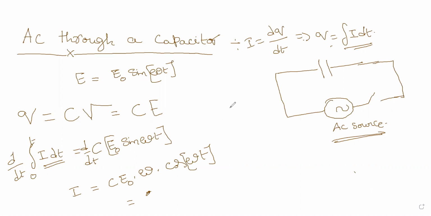So I can write I = ωC E0 cos(ωt). Let's write these things. Up to here, please note.